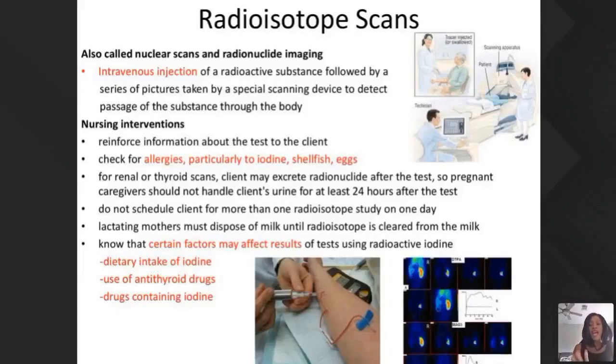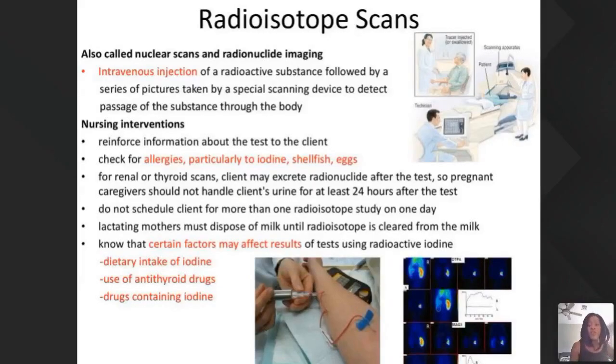NCLEX question. So you have a client who has gone for a radioisotope with intravenous injection. You, the healthcare provider, need to also be careful to not come in contact with this client's excretion, their urine. For renal or thyroid scan, the client may excrete radionucleotide after the test. So if you're a pregnant nurse, or you're a pregnant person caring for this client, you should not handle their urine.